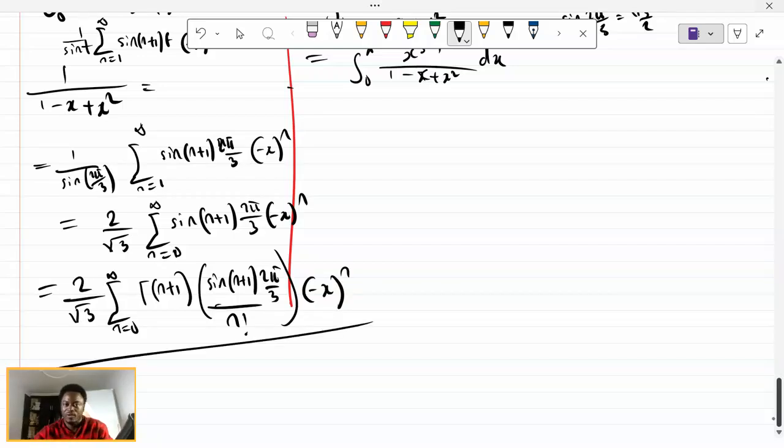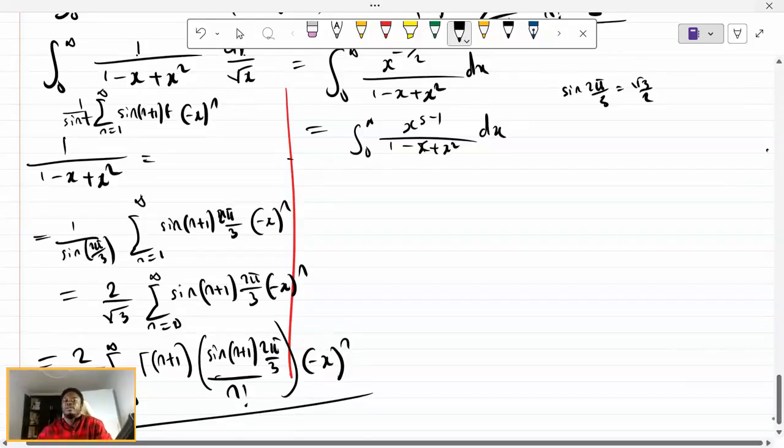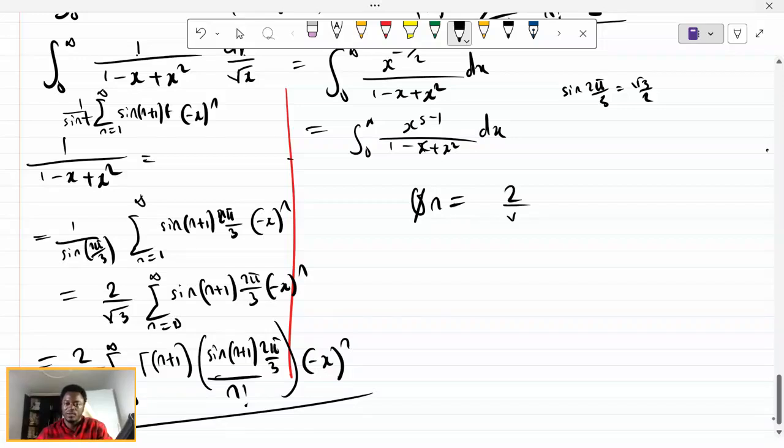So you can see we already have this expansion now. So basically here, our phi of n is 2 over square root of 3 times gamma of n plus 1 times sine n plus 1 times 2 pi over 3. So we already have our phi of n from the Ramanujan master theorem.